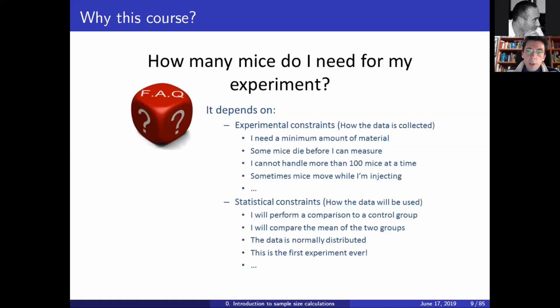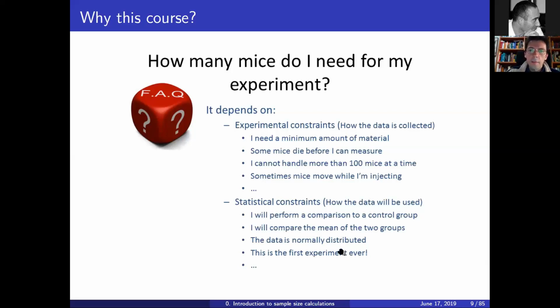But then there are also statistical constraints. And the statistical constraints are the ones that we will see today. And they refer more to how the data will be used. So the first one is how the data is collected. The second one, how the data is used.